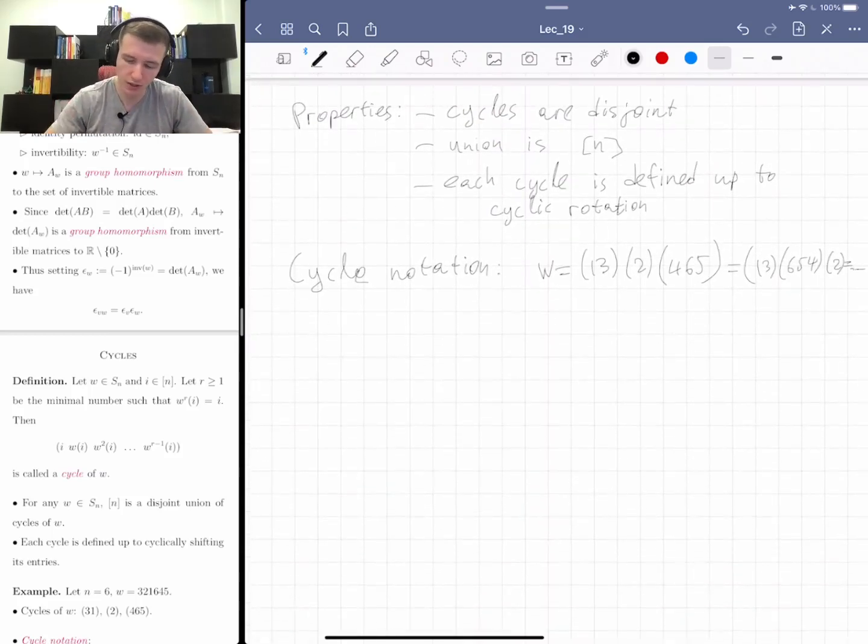A permutation is a collection of cycles, and the usual convention is to start each cycle with the largest element.